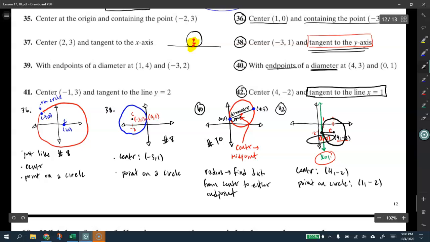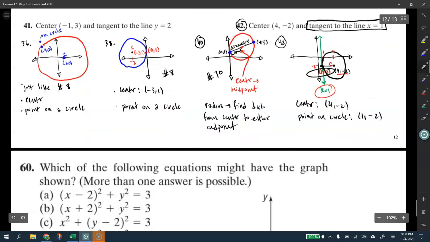Now, because this is one of the last questions that we do, let's go through that process really quickly. We're doing question number 42. If we were to find the distance between 4 comma negative 2 and 1 comma negative 2, what would that look like with the distance formula? Essentially that's just 3 units if you count from 4 to 1.